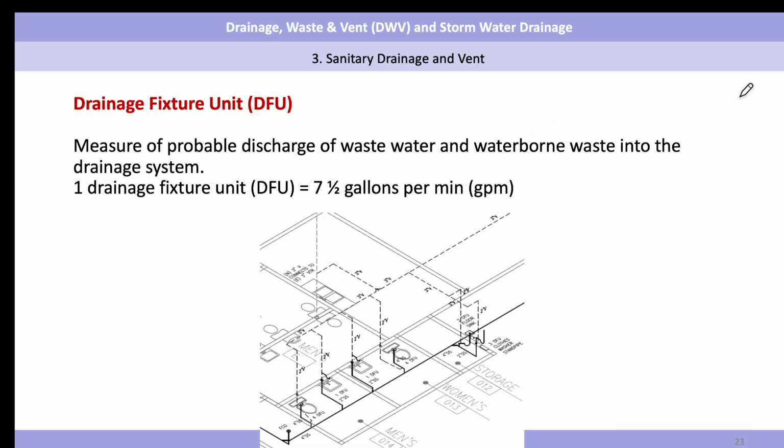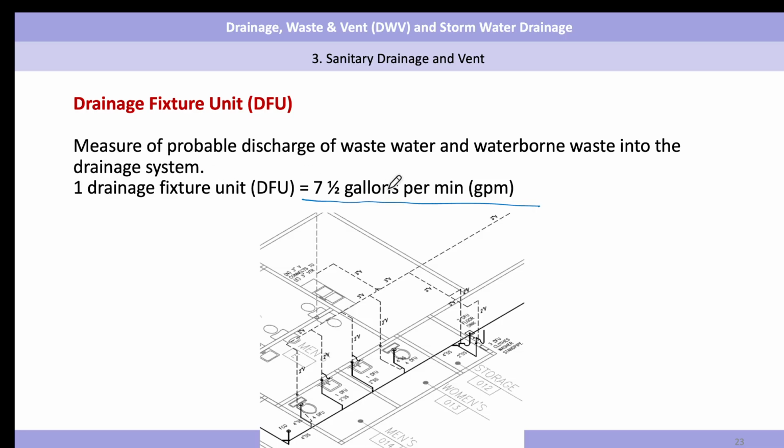And DFU, let's see how to find the appropriate DFU. For the WSFU, we didn't mention the around number of water going through 1 WSFU. But for DFU, we have an easy method to directly find the water that goes through there.